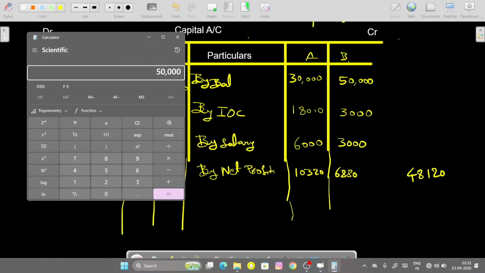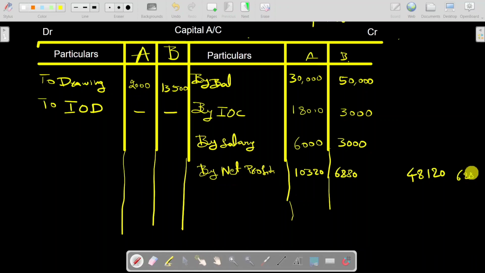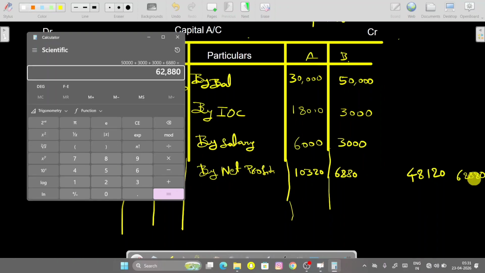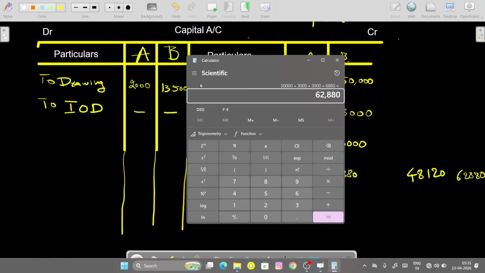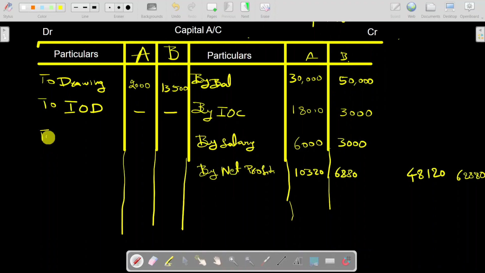B's credit will be 50,000, 3,000, 3,000 and 6,880, totalling 62,880. And the debit balance for A will be 2,000. So 48,120 minus 2,000 gives the balance which is carried forward.